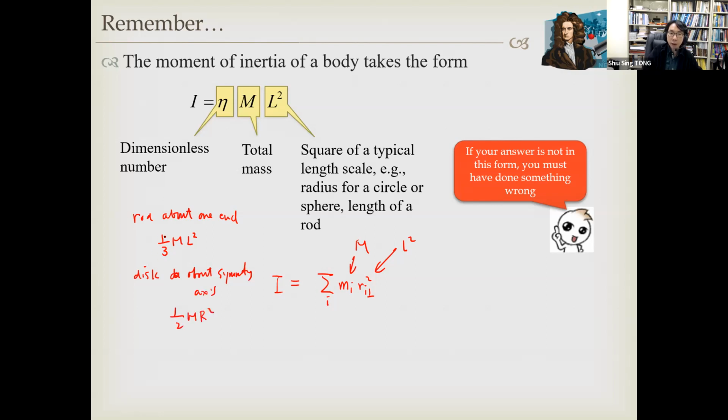So for the rod about one end, this eta factor is 1/3. And for the disk about its symmetry axis at the center, it is 1/2 of mR squared. So this constant you have to find out by using integration or by applying the parallel and the perpendicular axis theorem. That's the idea. If you got an answer that is not of this form, you must have done something wrong, so you better go back to check the answer.